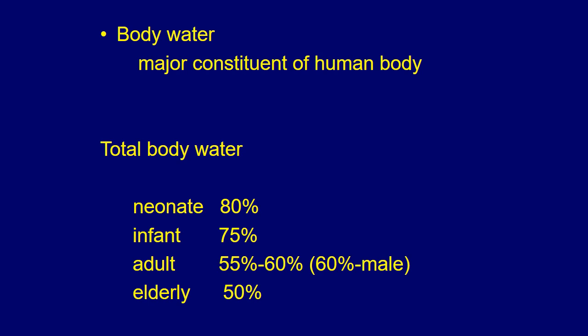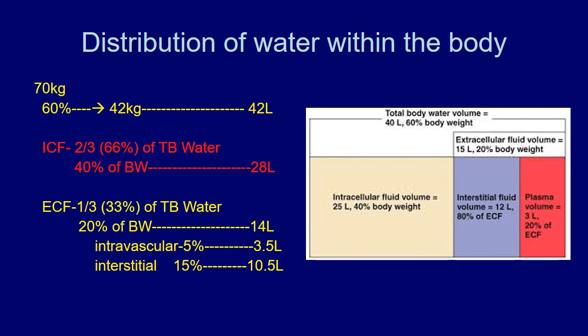So during this lecture, we should now look at the distribution of water within the body. I earlier said that in an average built adult, about 60% of the body weight is water. So if you take an adult who is 70 kilograms body weight, 60% of 70 kilograms is 42 kilograms.